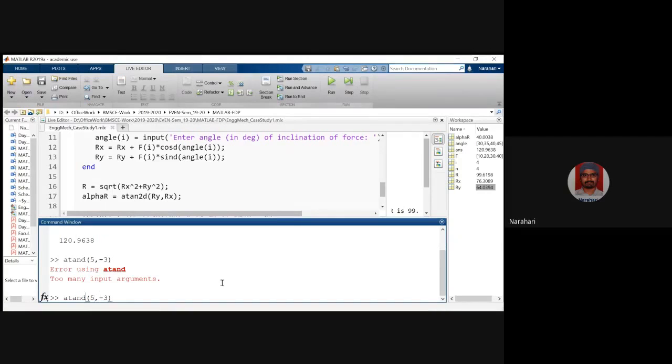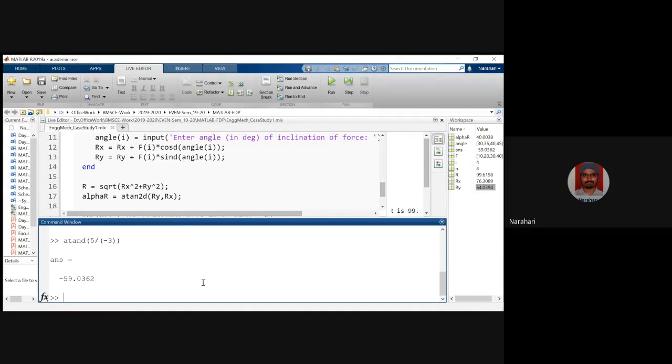atand is not working. atan works, let me see. Okay, it's saying too many arguments. Okay, let me do atand of 5 by minus 3. See, this is giving minus 59.03 degrees.